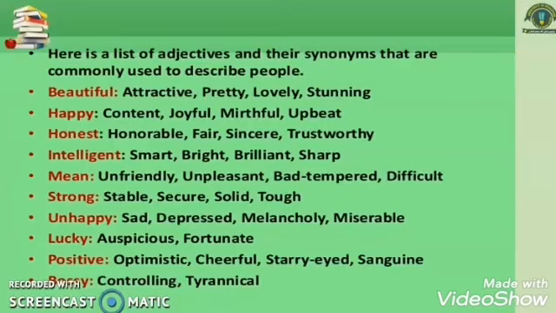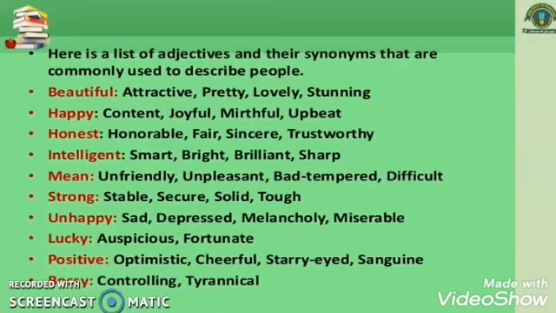So here is a list of adjectives and their synonyms that are commonly used to describe people. There are many more words given with their synonyms, or alternate words, or words which have the same sense. But let's make one thing clear, that their places can be changed.